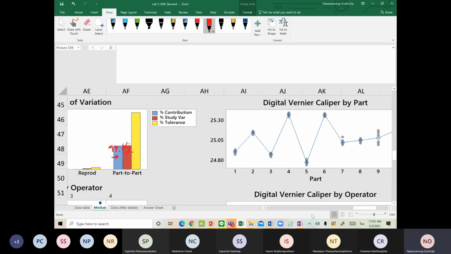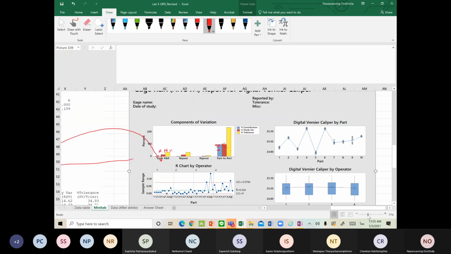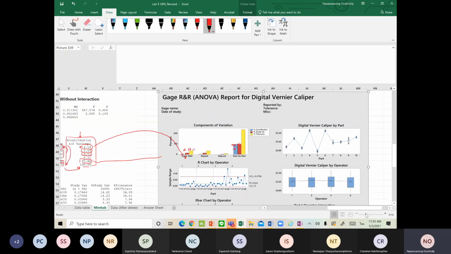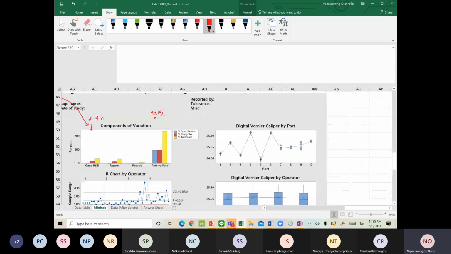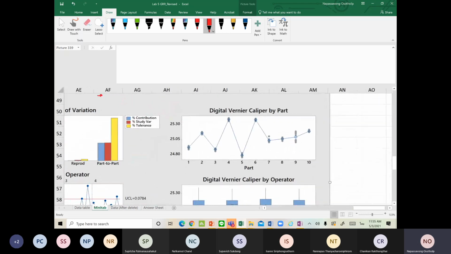From the graph again, if you take a look at the graph on the right hand side, this graph compares the measurements for 10 parts, and each dot represents the measurement from all operators, and it connects the line for the average of each part.